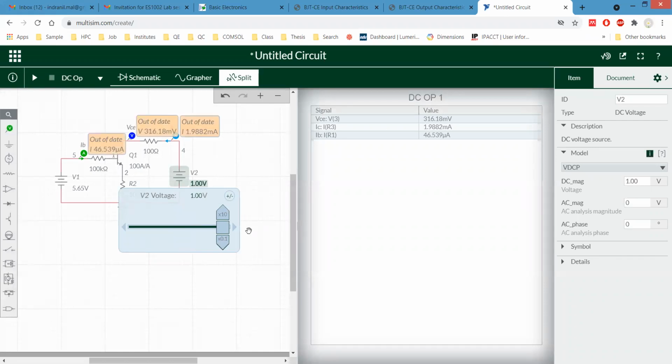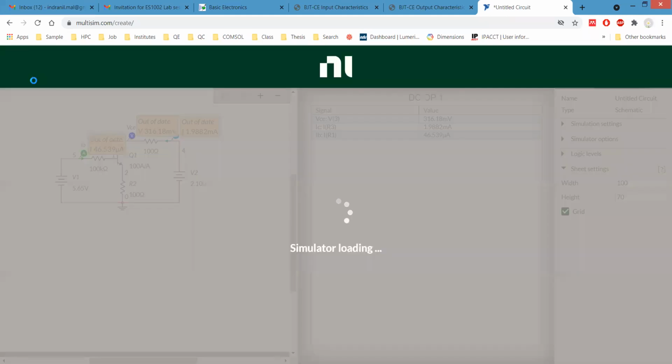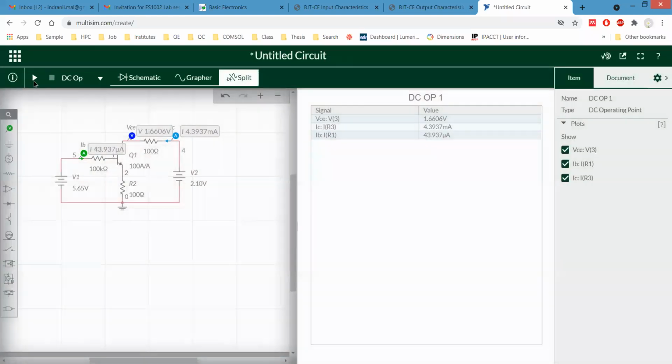After that, we will have 2 volt, something like that. So voltage is 1.66 volt and current is 4.393 milliamps. Noted. Yes. Okay.